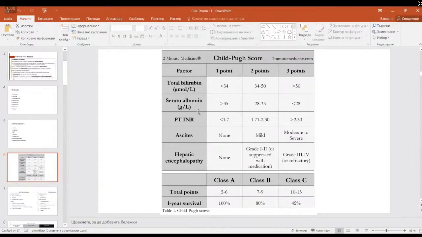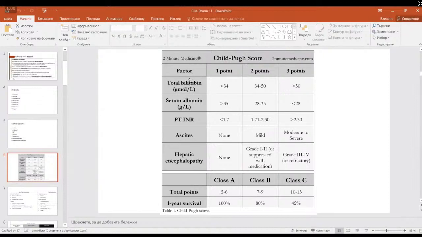There is a very nice website called MD Calc, where you have free access to different scores and classifications, and you can just write Child-Pugh score MD Calc, and you can go there and calculate the Child-Pugh score of a patient.